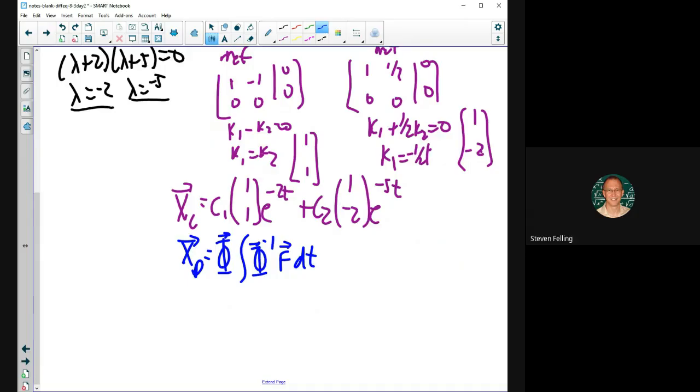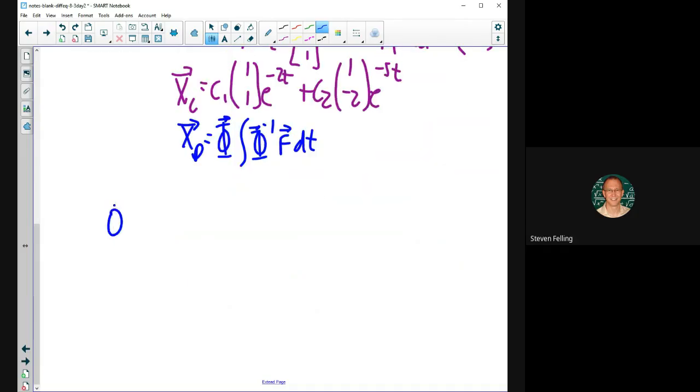Okay, so phi is the fundamental matrix, and it means we're going to ignore the C1 and the C2, but take the corresponding part here. So this is 1 e to the -2t, and then the y is e to the -2t also. And then over here it's 1 times e to the negative 5t, and then this was negative 2 e to the negative 5t.